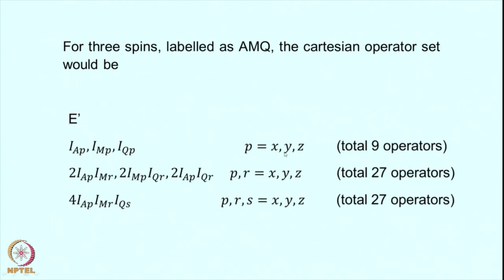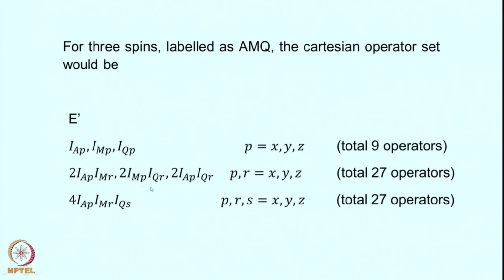This represents the Cartesian index. And then I will have 2 spin products. So 2 IAP IMR, 2 IMP IQR, and then 2 IAP IQR, and here notice I am varying both P and R. There are 3 spins A, M, Q, so I will have products A to M, M to Q, A to Q. These 3 products will be there, and for each case I will have P and R varying as X, Y, Z. So there will be a total of how many?